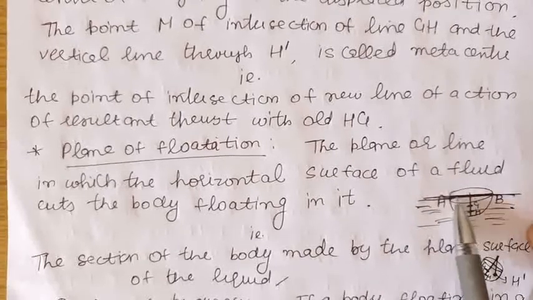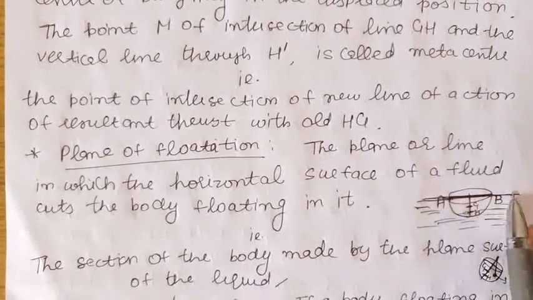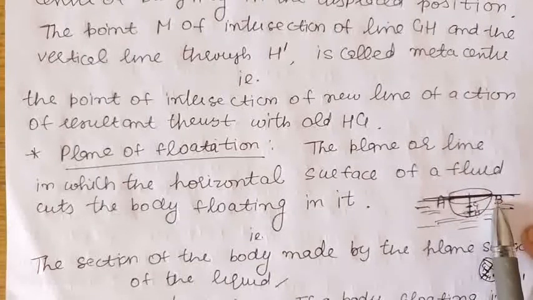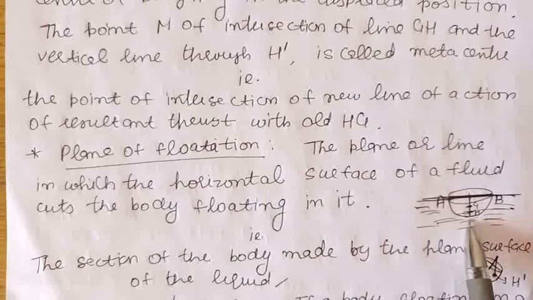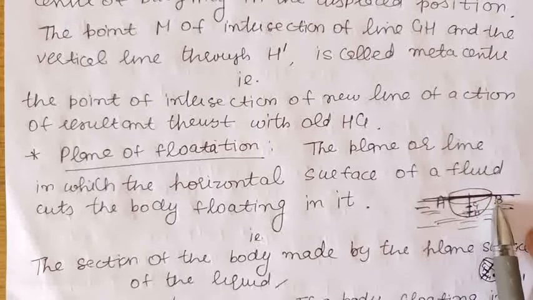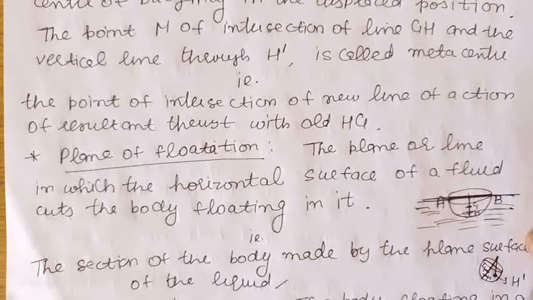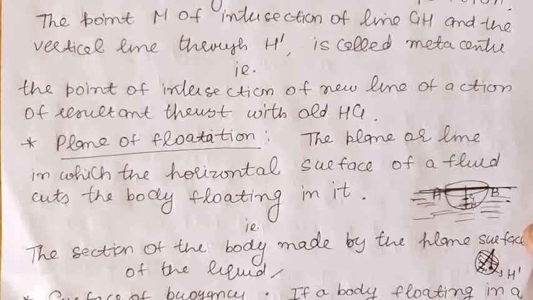We can see that this is a line in which the free surface of the liquid is cutting the body floating in it. So here we can see that this line AB is the plane of flotation, or we can say that the plane of flotation is the section of the body made by the plane surface of the liquid.